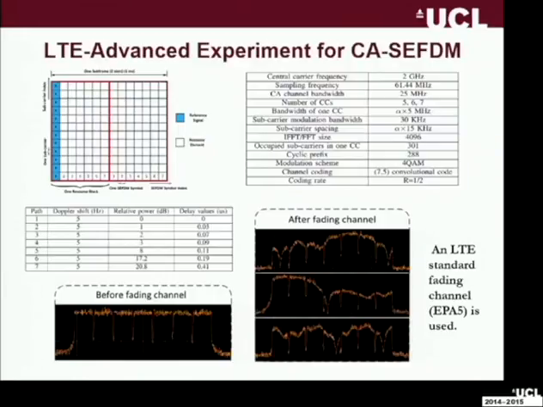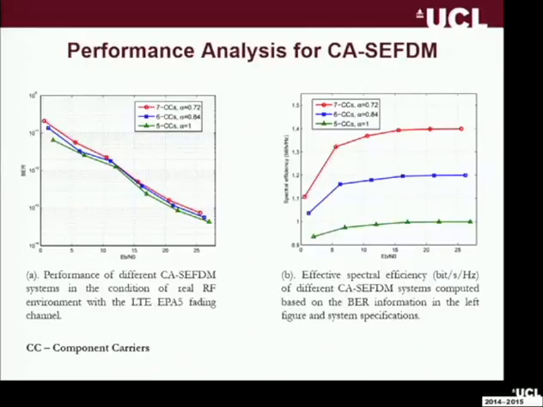You can see here, with the multipath fading, the signal is quite heavily distorted. Despite that, we can still get very good performance results. We've got a much larger x-axis now, from 0 to 25 decibels instead of 0 to 10 decibels. But what you can see is what we discussed before about the increase in spectral efficiency.